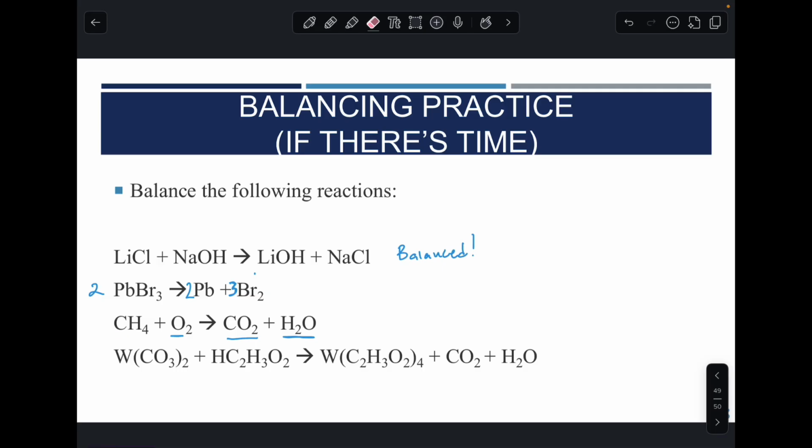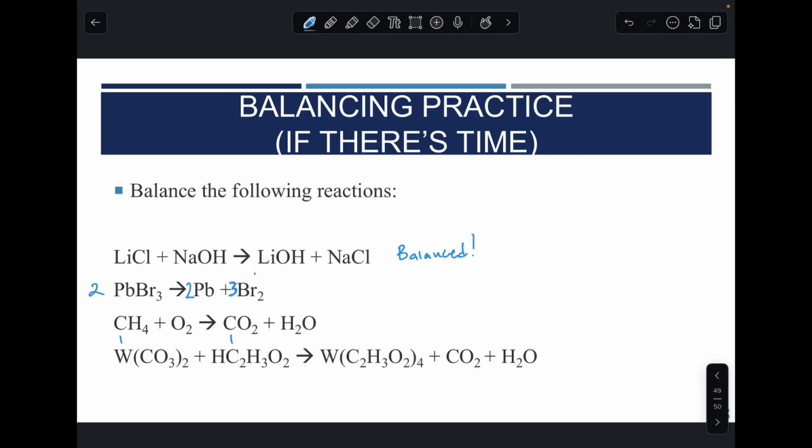But let's go into balancing. When we balance this reaction, we'll start with C. We have 1 C over here, 1 C over here. Remember, we want to keep hydrogen and oxygen till the end, preferably oxygen at the end, because oxygen is going to mess us up and make us have to do that 3/2 thing most of the time.